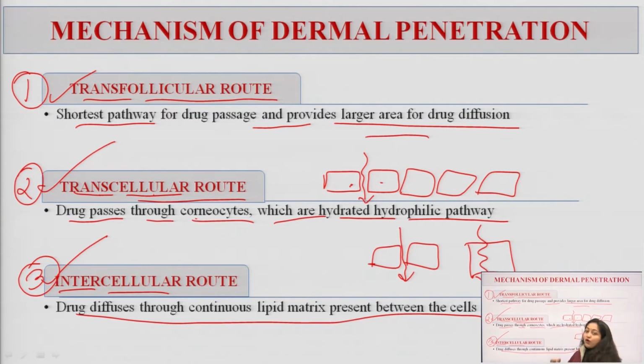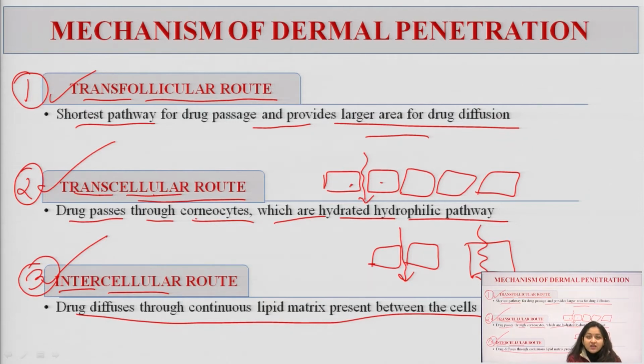First is your transfollicular, another one is transcellular, and the last one is transintercellular. Transfollicular means it is the shortest pathway through which easy and fast diffusion of drug occurs, and at the same time it provides a larger area. The diffusion matrix gets a larger area for exchange of medicaments, or for the exchange of nutrients or the biological responses.